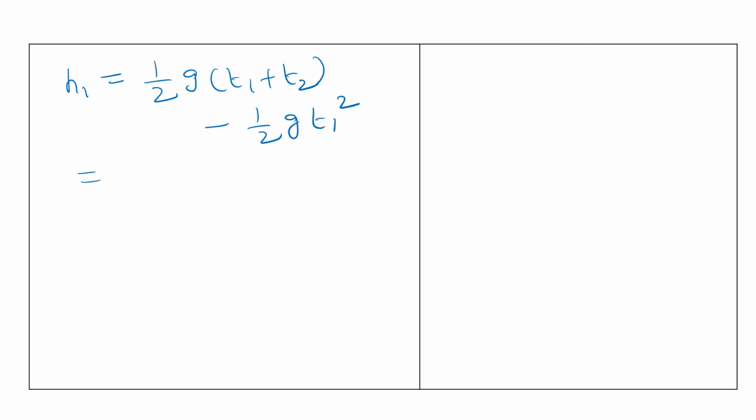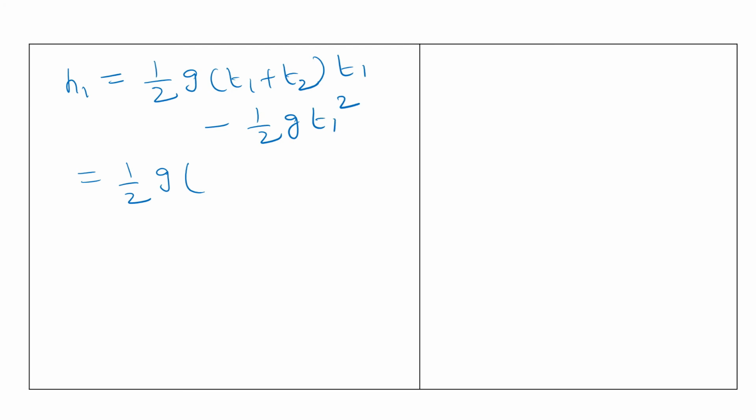So that is equal to half g of, here u t1 minus half g t1 square. Substituting the u value, nothing but half g into t1 plus t2.